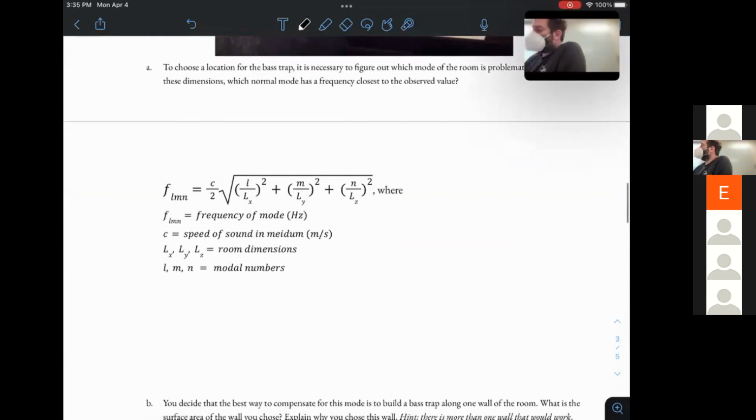So here's your equation, right? You're gonna have to run a few of these and figure out which one it is. This is a trial and error type of deal. You could probably be fancy and plug it in for F and then solve, but I don't think that's the smart way to do it. It'll take you longer to figure out how to make that work than it will be just to run a few of them until you get the right one. I did it in MATLAB and made a little matrix with them. I can tell you, you don't need to go to like the 175/30 mode.